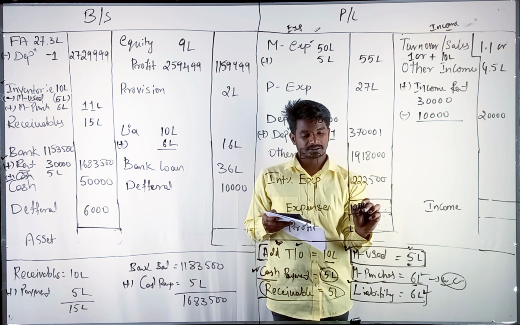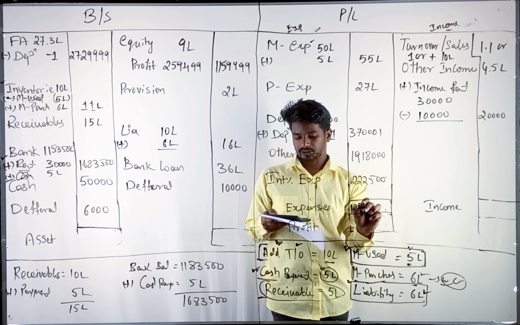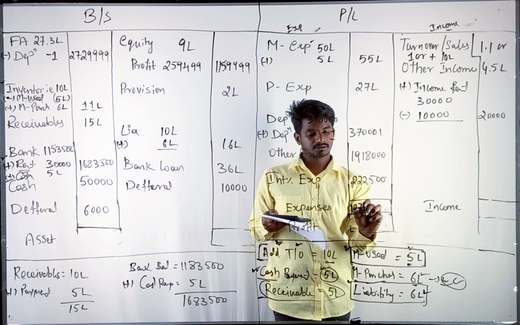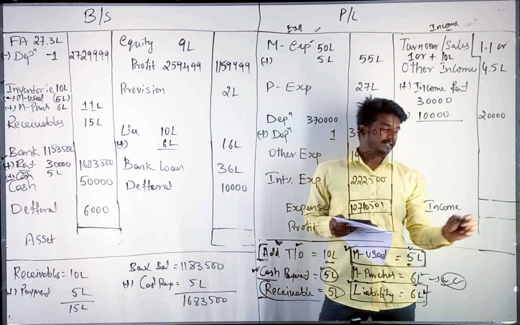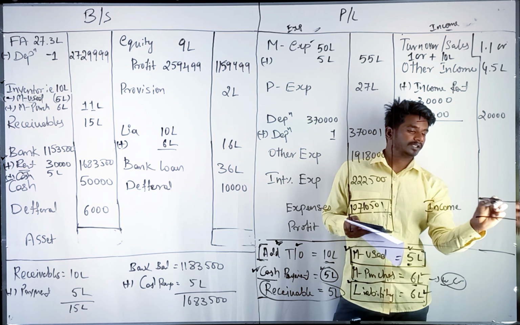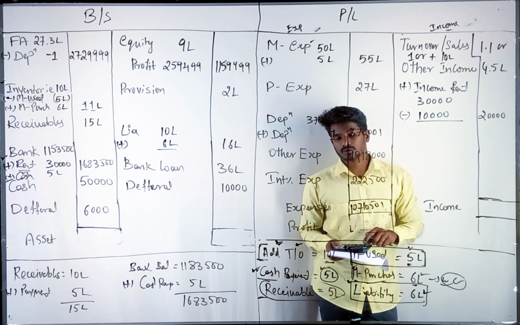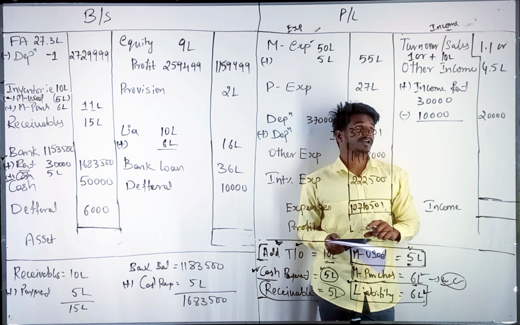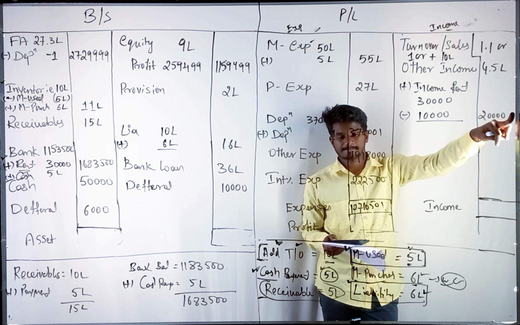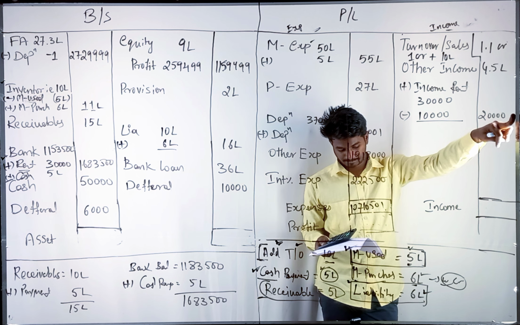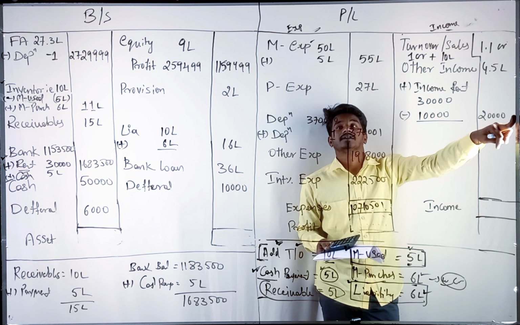1 crore 7 lakh 10,501. Fine. Yes, from that 1 crore 7 lakh 10,500 we should minus these. Did we missed out something?